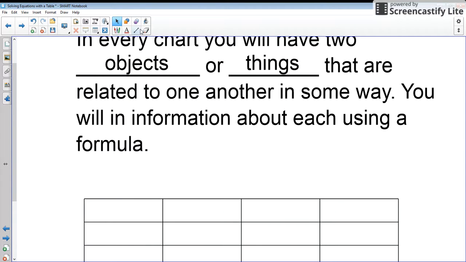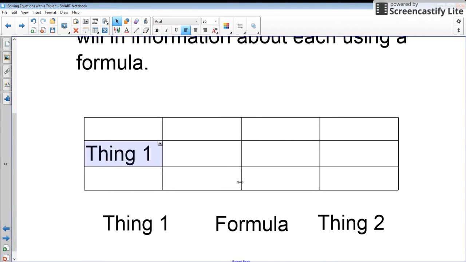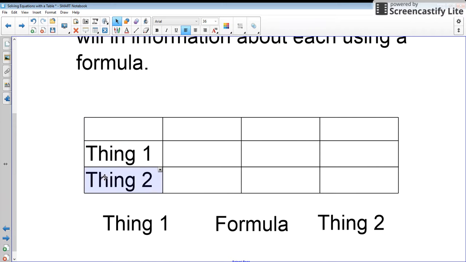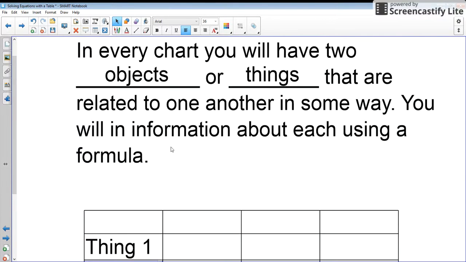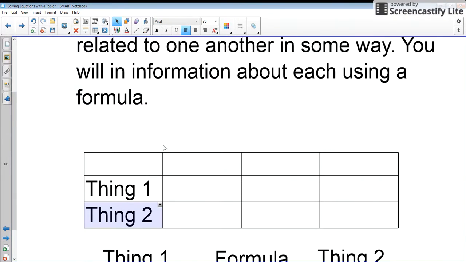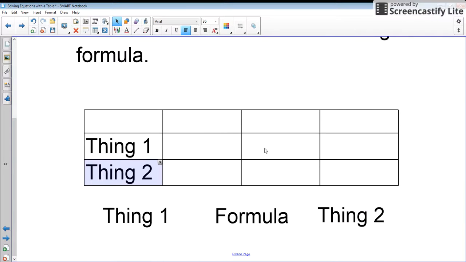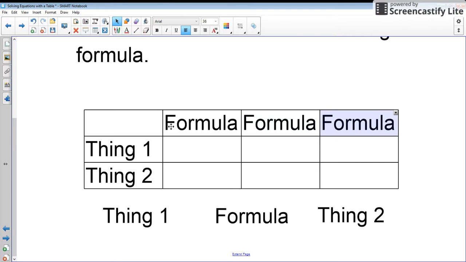You have your chart here, and then the side of the chart always is designated to your thing. So let's say we were talking about two sports teams, and that one scored twice as many as last week. Well, the sports teams, those guys go here. Talking about people, the people go there. And then at the top, usually we have a formula going all the way across these two or three columns, and then we just fill in the information.